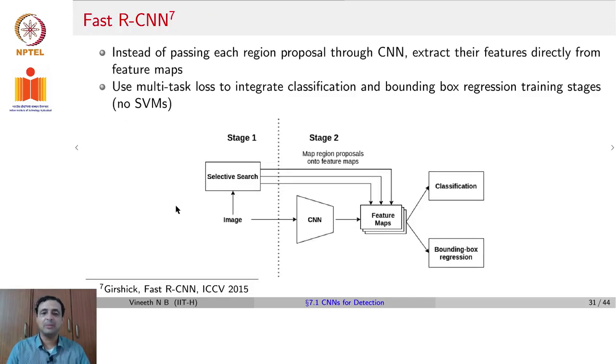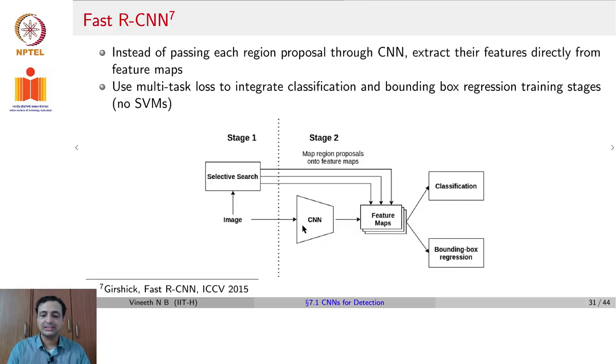This led to the development of the fast RCNN approach by the same authors, in fact, and it was published in ICCV of 2015. In this case, there were a couple of different innovations that were introduced. One idea was, while we still do selective search to get the region proposals, we would map these region proposal locations directly to the feature maps after sending the full image through the CNN.